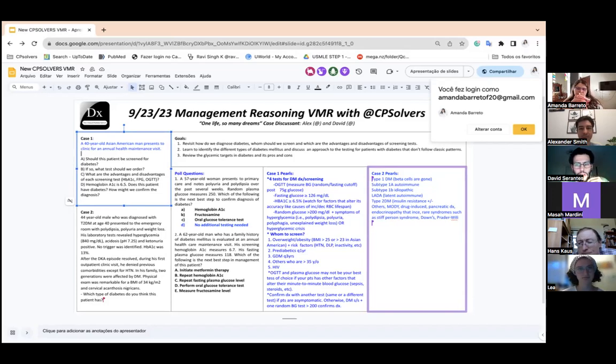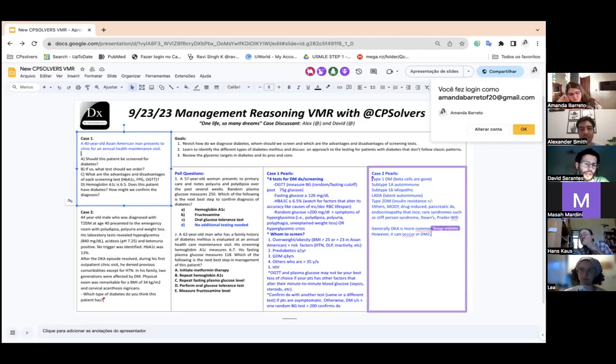These are the so-called ketosis-prone syndromes, which happen because in all patients with type 2 diabetes there is a mix of insulin resistance and beta cell dysfunction, and they combine in different ways in different patients.